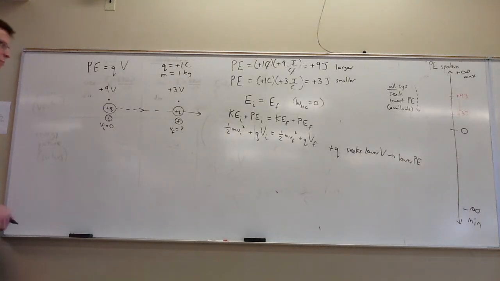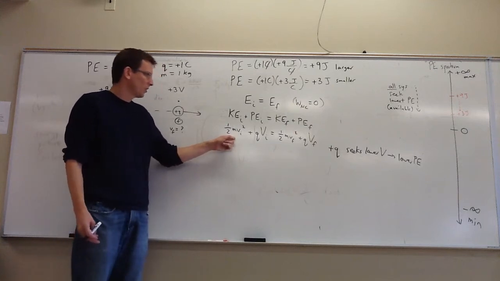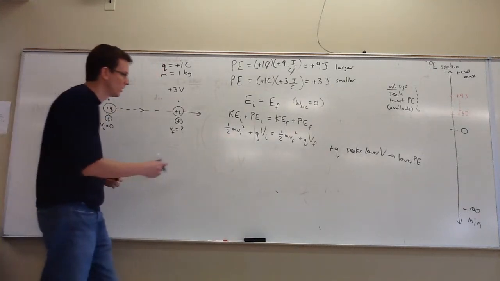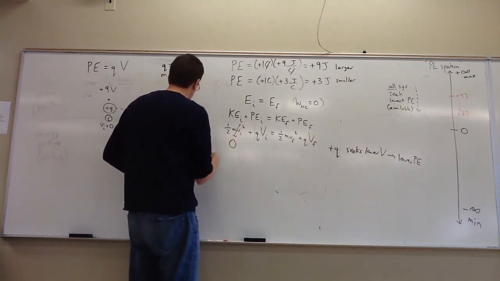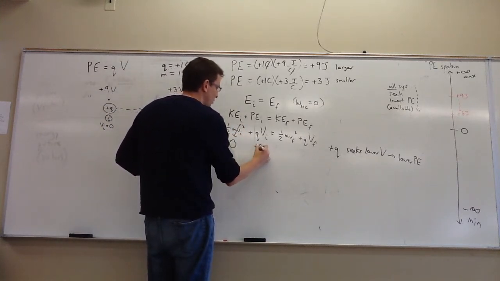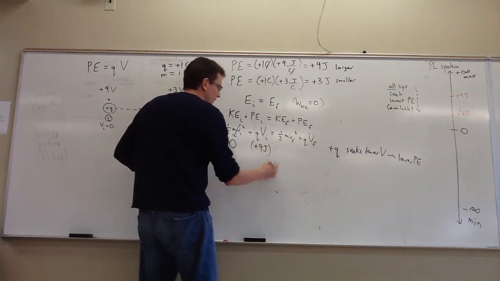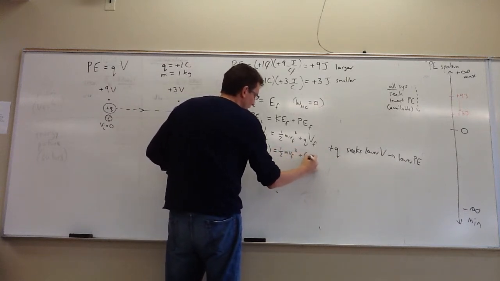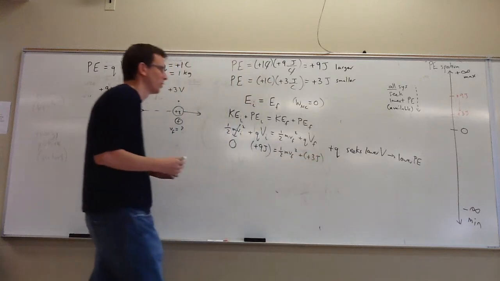All right, so now let's just go ahead and plug in the numbers. What's the initial kinetic energy? 0, because I dropped it at rest. And we already calculated that this here was plus 9 joules. And then we have 1/2 mv final squared plus, and then we calculated already that this is plus 3 joules.